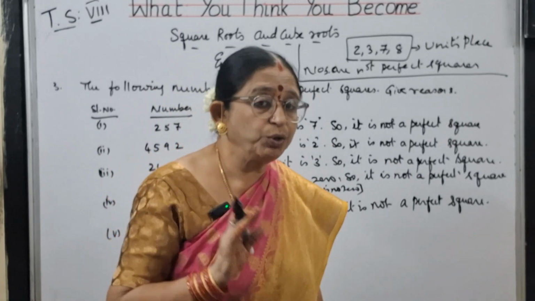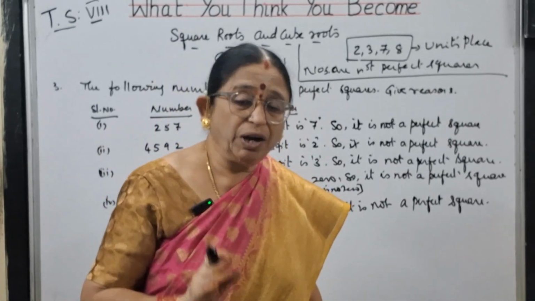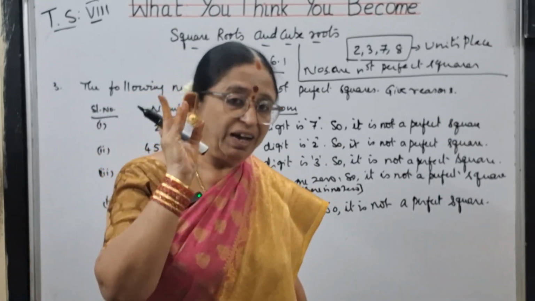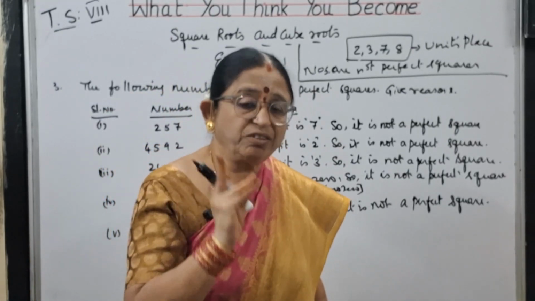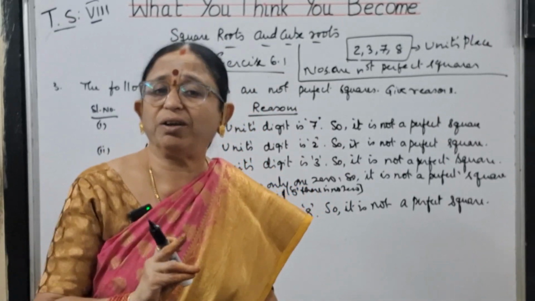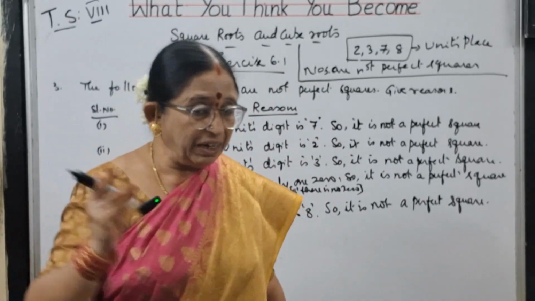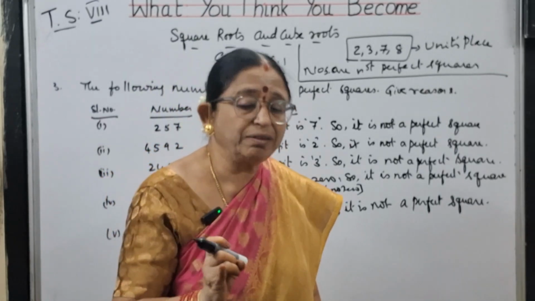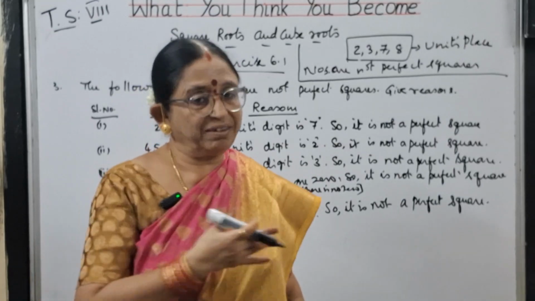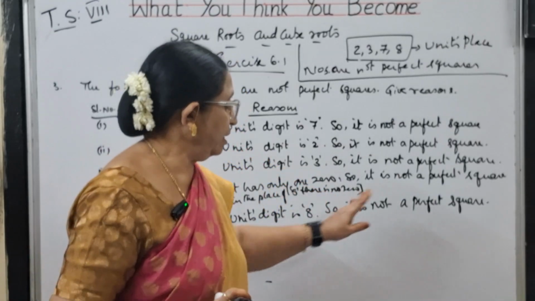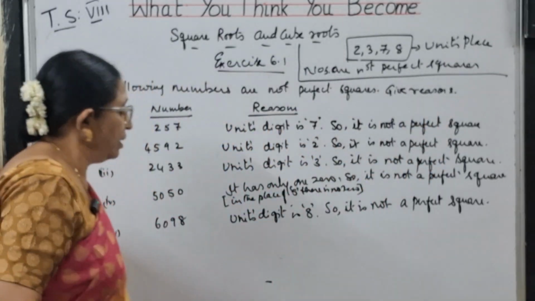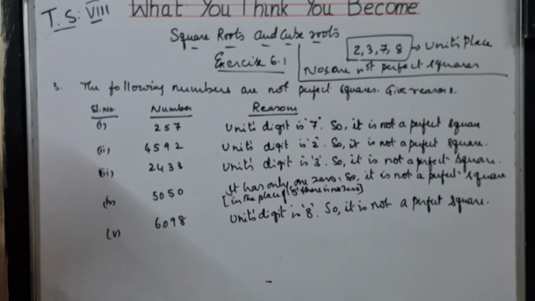You can do that only when you have 2 zeros, that is, in the tens place and units place. If both the places have zeros, we can check whether the number is a perfect square by seeing the other values. But here, you have got 0 only in units place. Tens place there is no 0. So directly by observing the number, you can say that it is not a perfect square. I hope I am clear, children. Understand this, and please note it down.